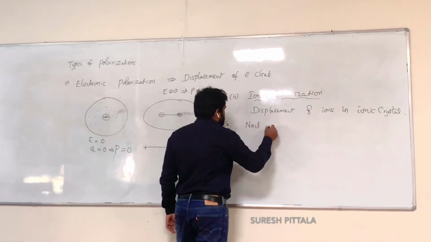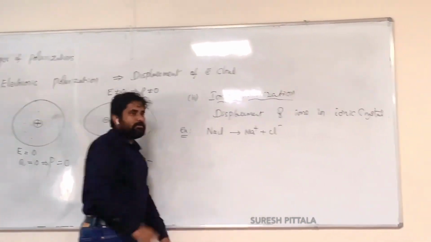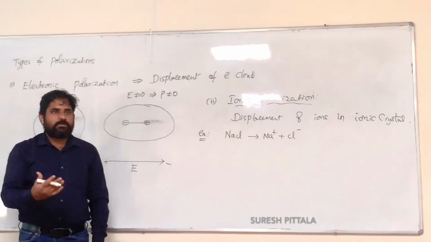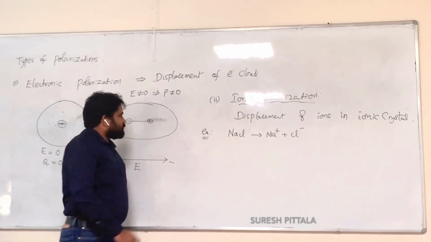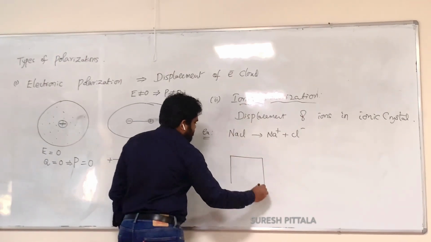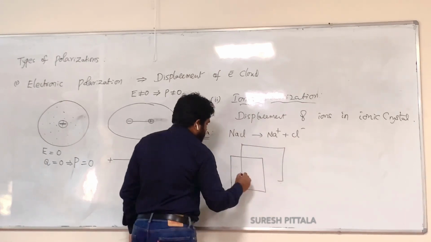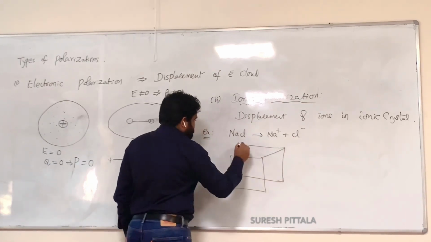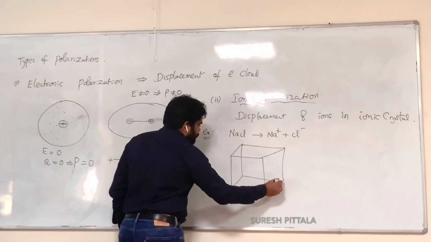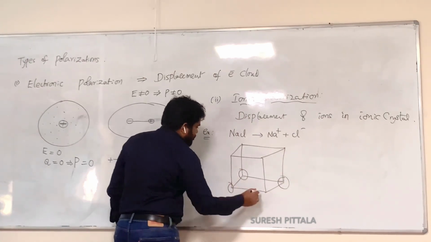Very well known example. Na plus is there and also Cl minus. Two ions you can see. The salt that yield. So NaCl, if you consider, the structure looks like this. It has cubic structure, and if I draw cubic structure, it will be like this. This is the cube, and at the corners you have different ions.